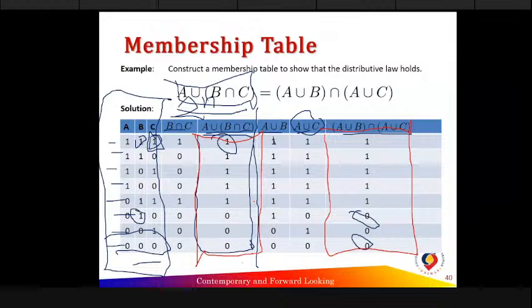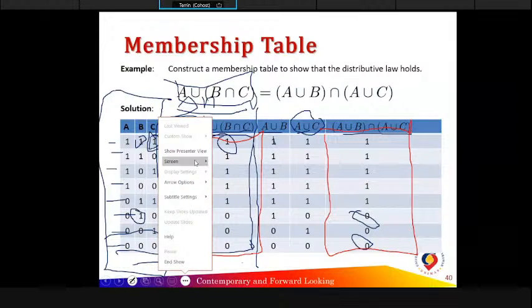Now, another quicker way to do this would be by using your Venn diagram, because when you draw and construct your Venn diagram, you are able to visualize the membership of this expression. So let's do one quickly.